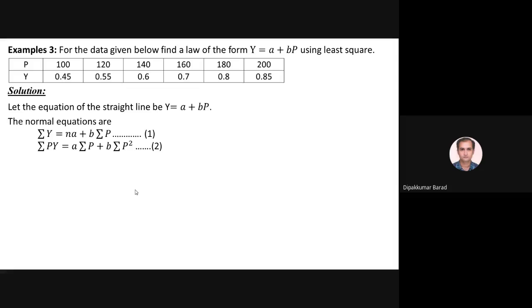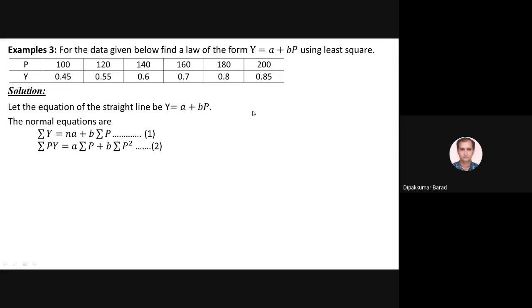So what do you get here? Summation Y and summation P. Summation P: see, this is 140 and 160, so 300, and 180 and 120, 300, and this is 200 and 100, 300. So summation P you get 900.